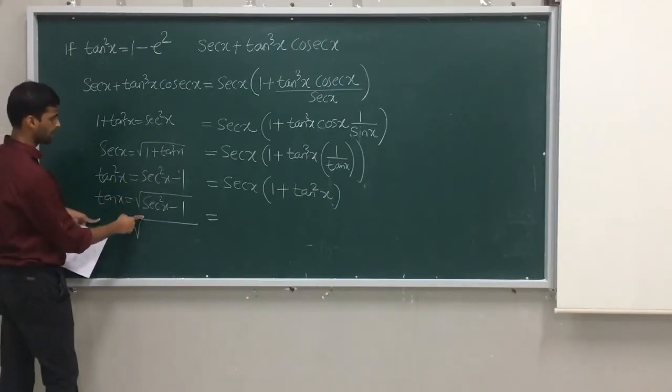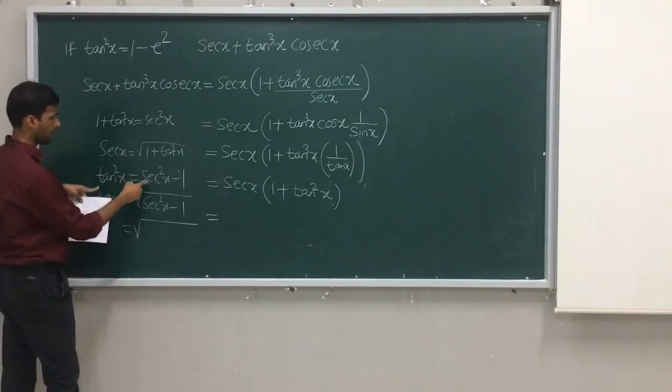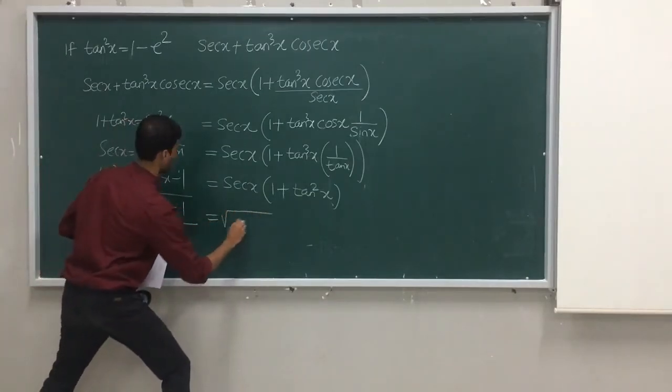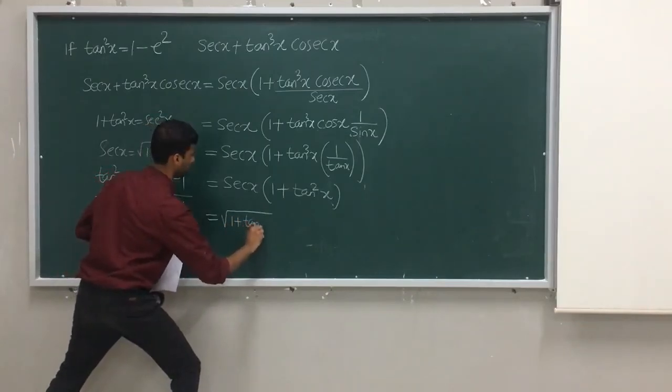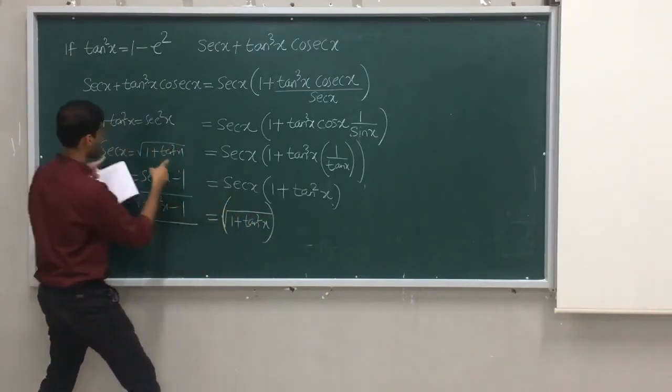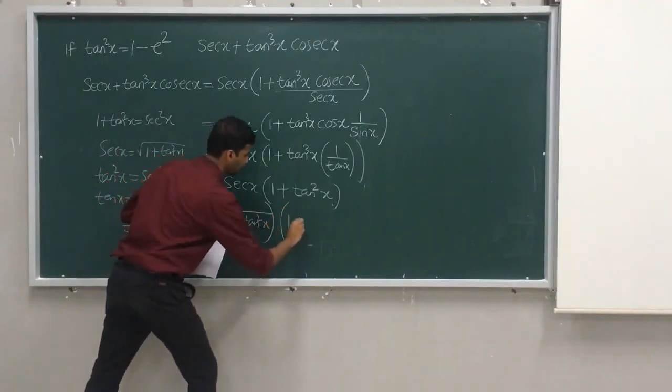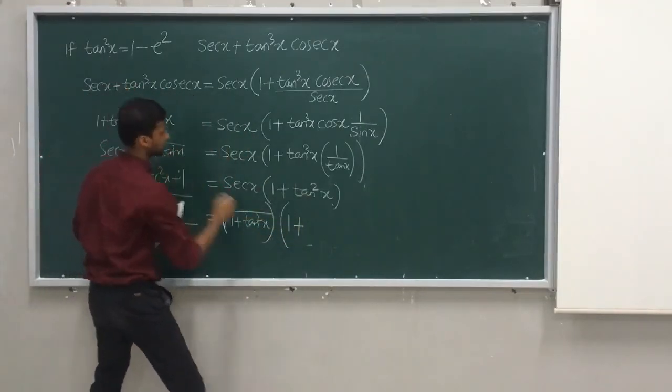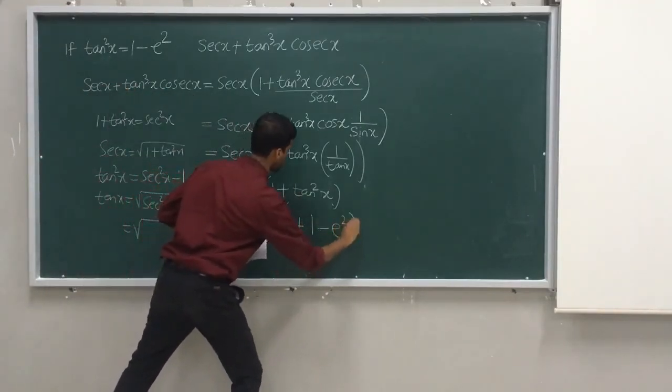This is tan x I got, tan square x is this, therefore sec x is nothing but, I update it by 1 plus tan square x, okay, because sec x is square root of 1 plus tan square x, and tan square x is 1 minus t square, right?